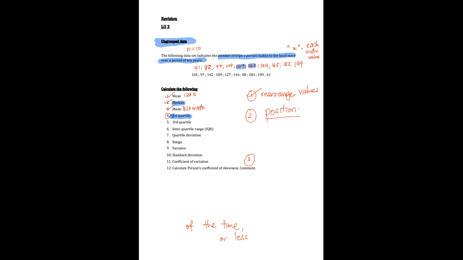The next step is your position. So for your position, for quartile 1, remember it's also called Q1, I'm just going to write that next to it, that this is so-called Q1.